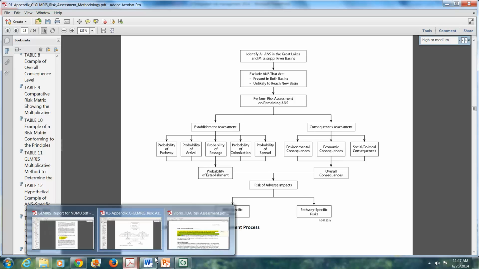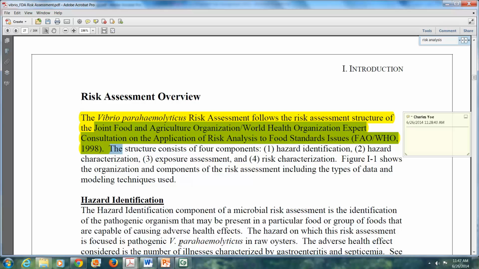Now let's take a look at the Vibrio parahaemolyticus in oysters. Here's a little quote from that risk assessment that says the Vibrio parahaemolyticus risk assessment follows the risk assessment structure of the Joint Food and Agricultural Organization World Health Organization expert consultation on the application of risk analysis to food safety issues. This indicates this report was published in 1998.